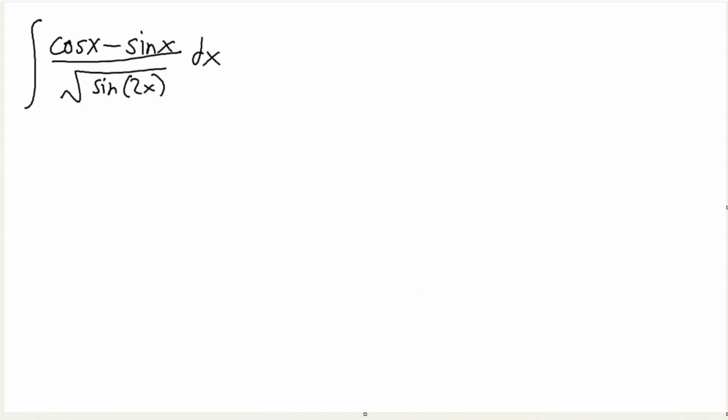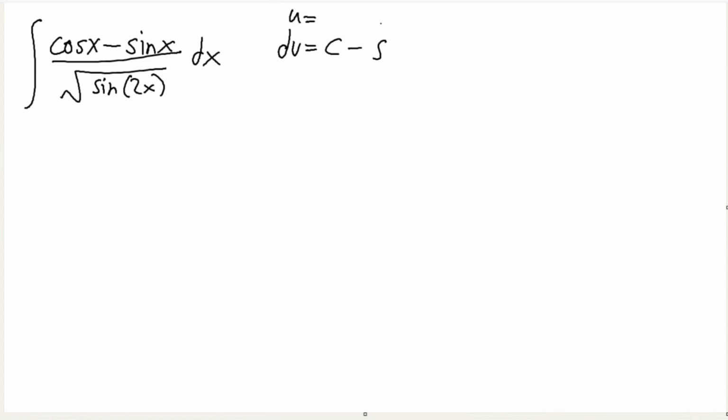Oh boy, here is a very good one. This is a very good one that kills a lot of competitors. So this one, what would you do? So I see cosine x minus sine of x, and I see sine 2x. There's a 1 plus sine 2x trick here. Okay, so I see that my du, I would want my du to be cosine minus sine.